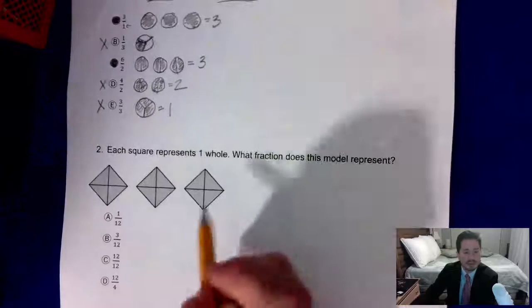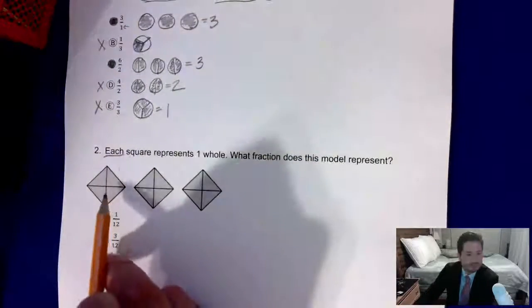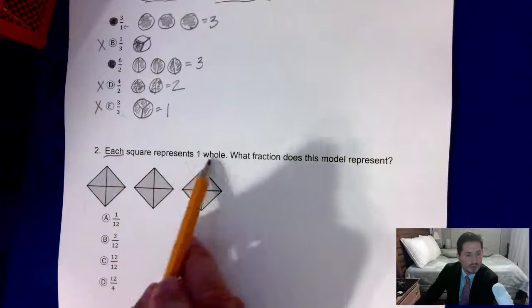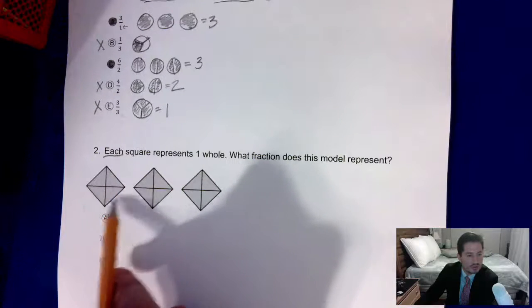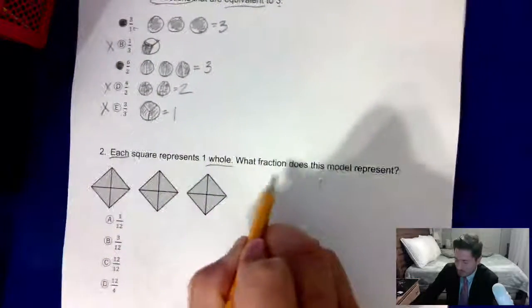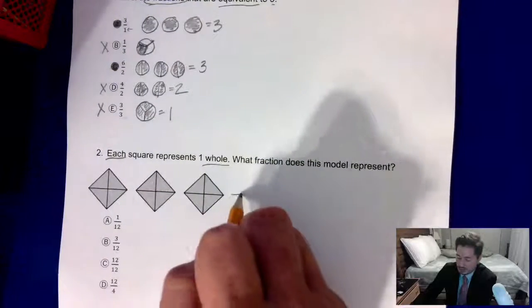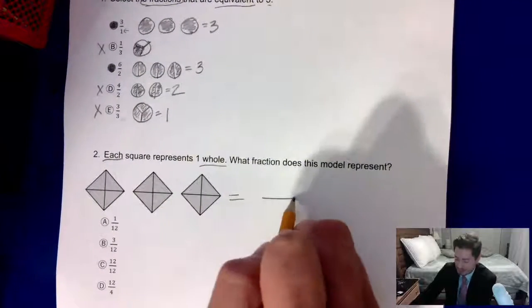Next one, each square. Each means every square represents 1 whole. So this represents 1 whole, 1 whole, 1 whole. What fraction does this model represent? Okay, so it wants us to make a fraction out of this model.